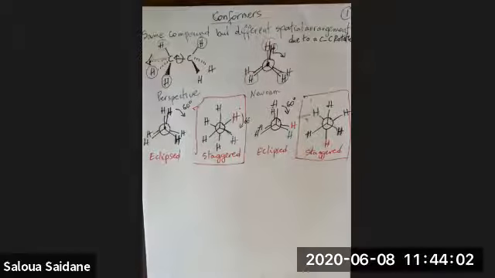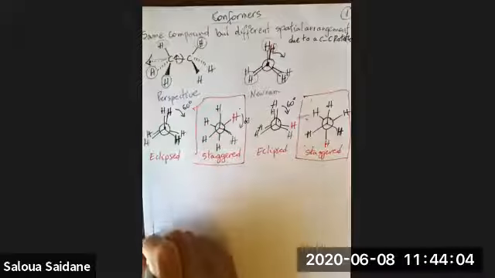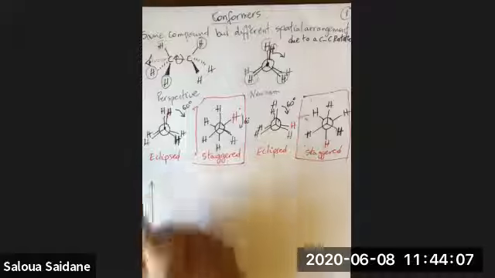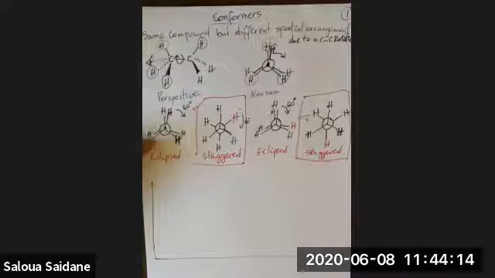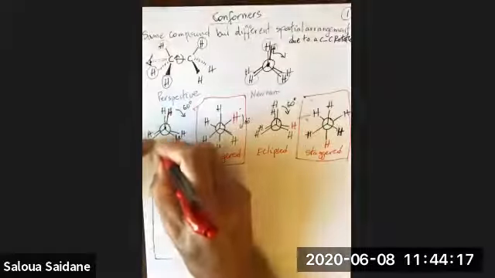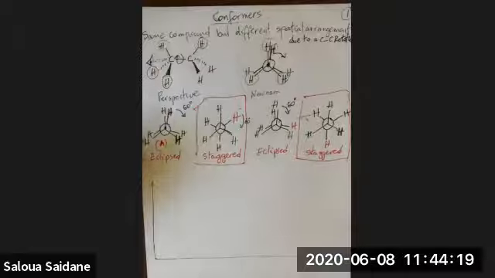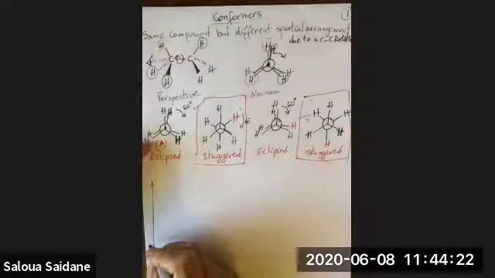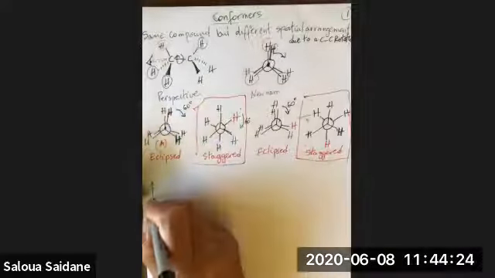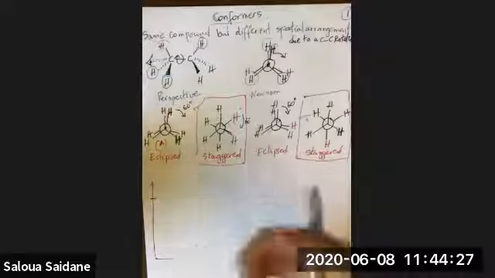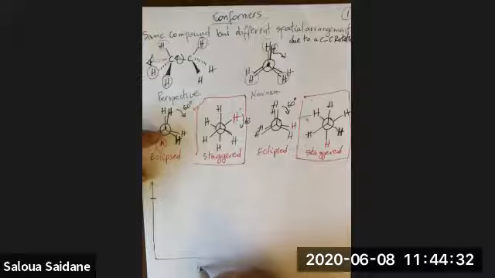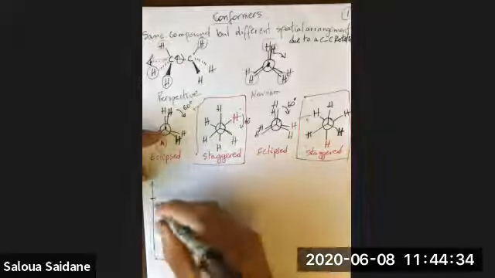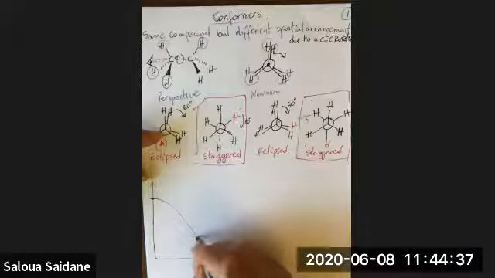What you have here, we can represent in a diagram, what we call the potential energy diagram. If I call this my molecule A, I start with this. A is an eclipse, which means it has high energy. It's not stable, meaning there's a lot of interaction between the atoms. 60 degrees later, it will become a staggered position, so that's more stable.